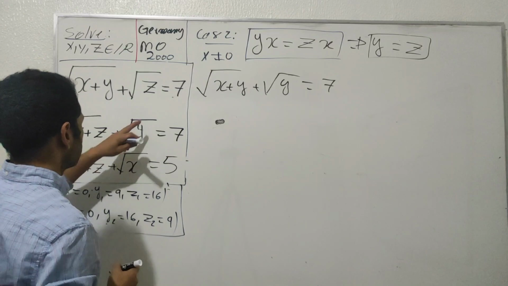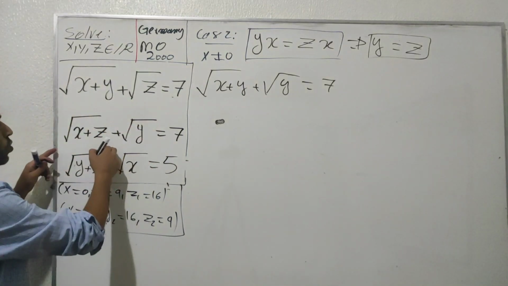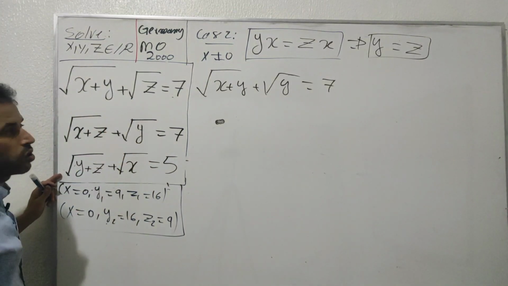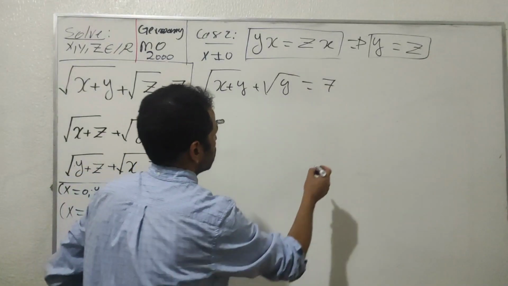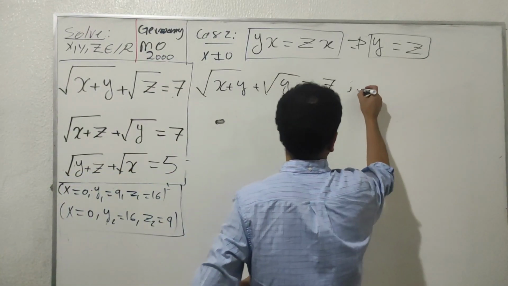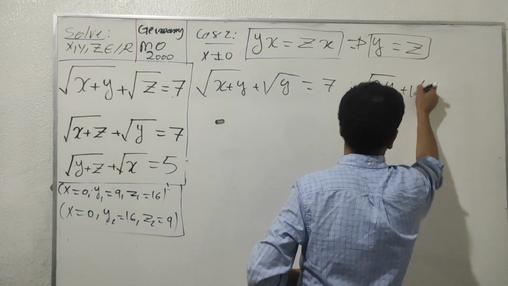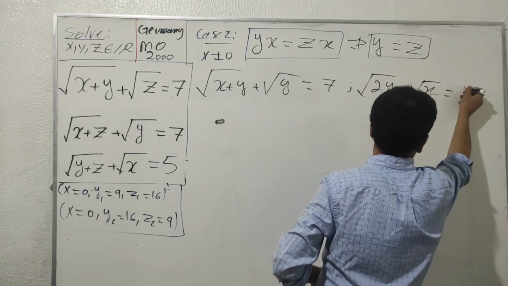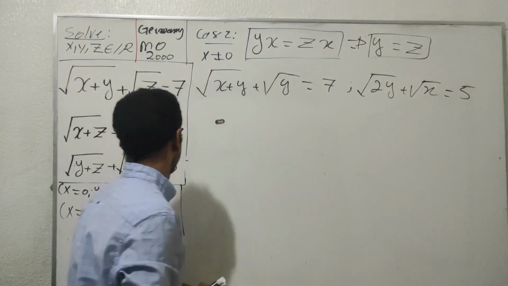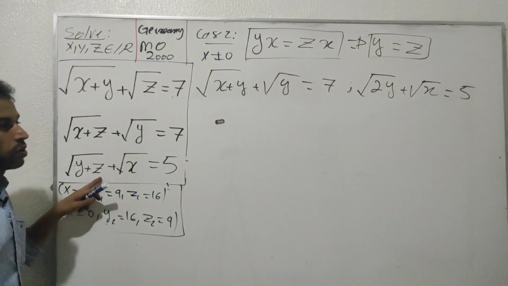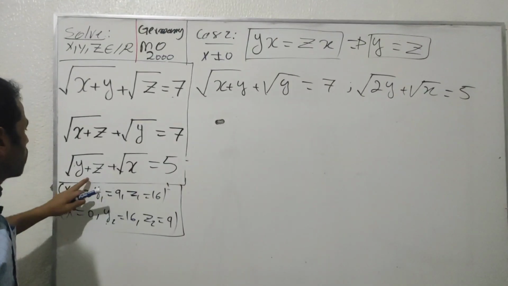The second equation is the same, so we don't have to repeat it. So let's move on to the second equation: I have 2 times y plus the square root of x equals 5. As you replace z with y, you get y plus y equals 2y.